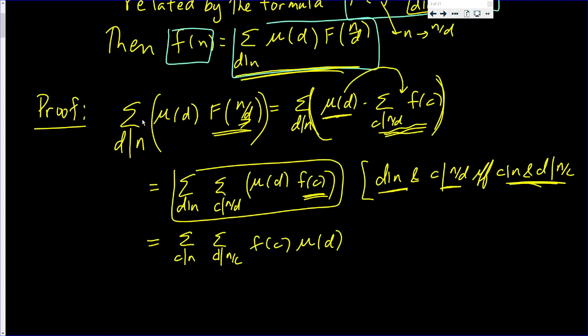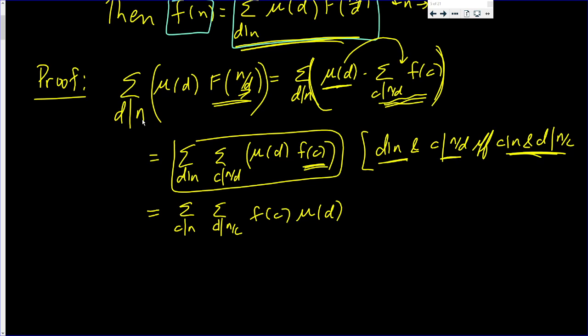Okay. Now, I can play games with the brackets. This is the summation as c divides n times the summation d divides n over c of f of c times mu of d.